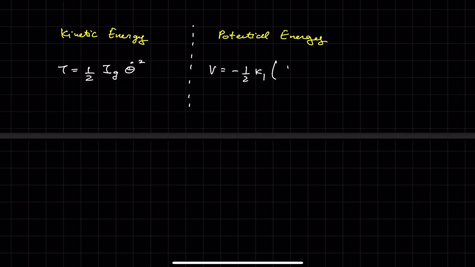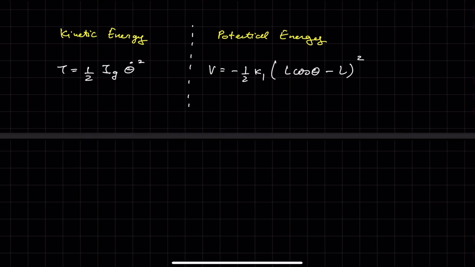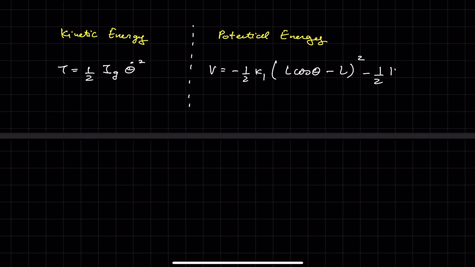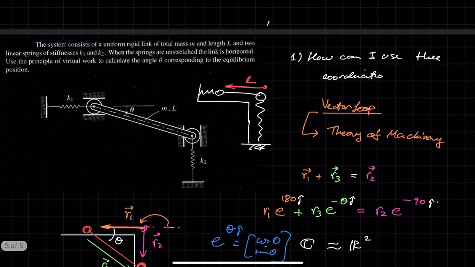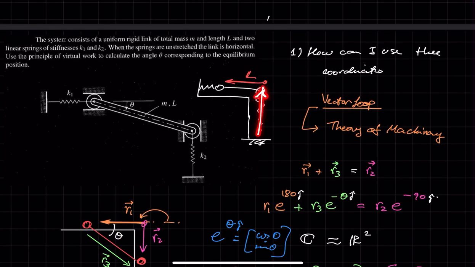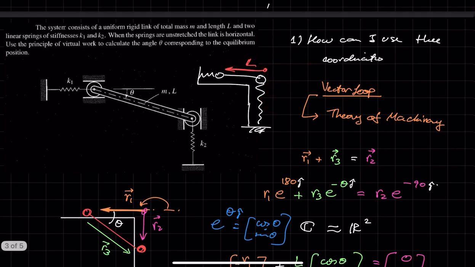It's going to be L cosine of theta minus L, because L is the initial position, and that to the square. Also, we have minus 1/2 K2. And where's the initial position and difference? Is it different? Well, not, because it's just going to move in that way. From that inertial frame, the initial position is 0 for y, right?